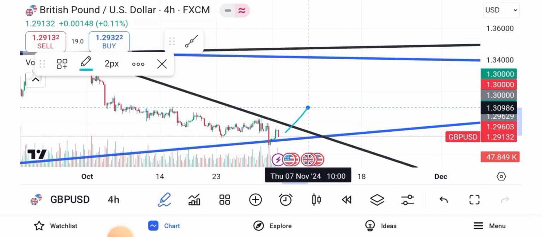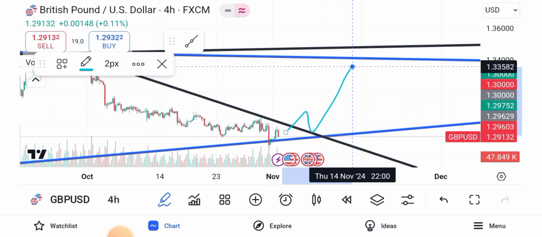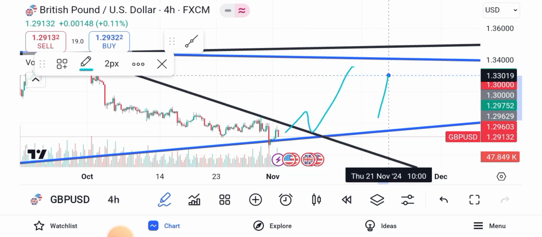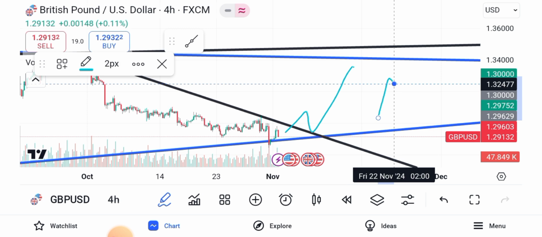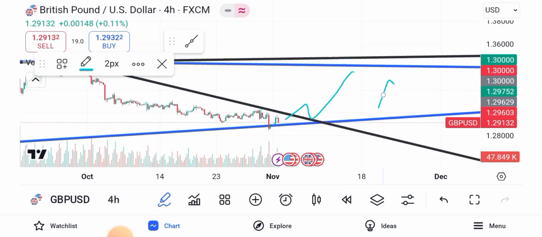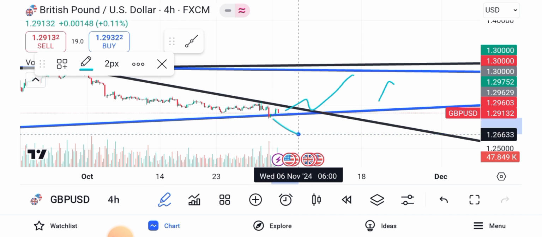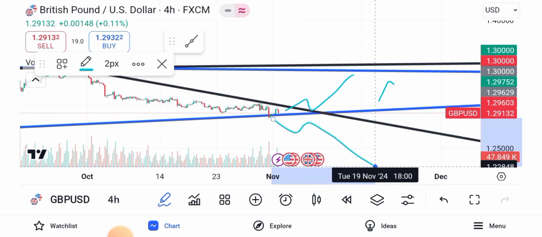price can either go up, break this trend line, retest, and go back up again. Or price can actually break out of this line here, retest, and go down.